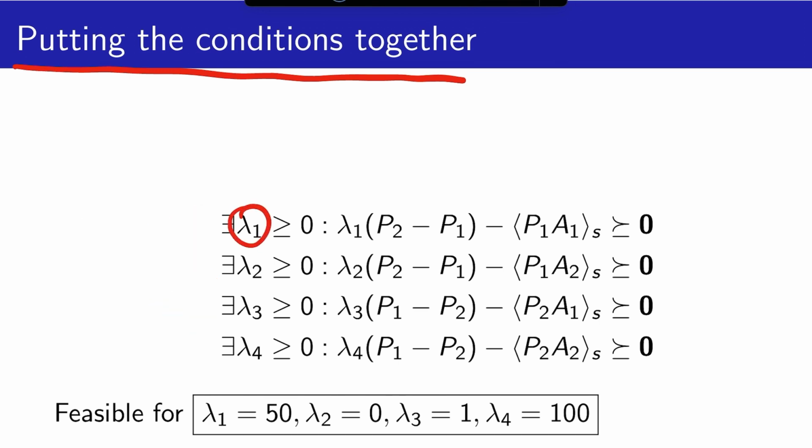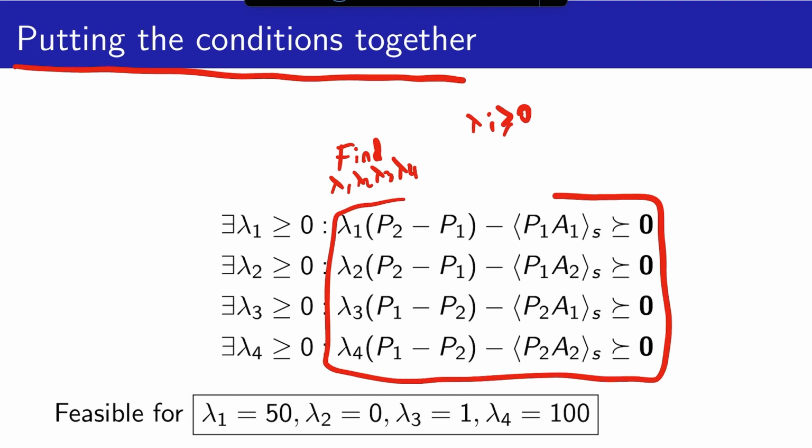Okay, and we need to find lambda. So basically the problem turned into the following feasibility problem. Let me write it that way. Find lambda 1, lambda 2, lambda 3, lambda 4 such that all of them are positive, and then these conditions are satisfied. Okay, so this is a feasibility type problem, right? In fact, they are decoupled.